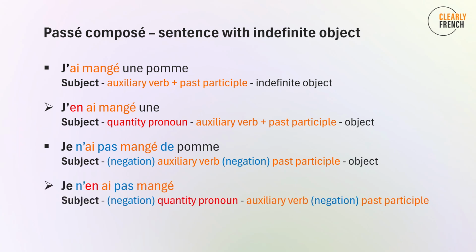Je n'en ai pas mangé. I didn't eat any of them. Again, first part of the negation, quantity pronoun, auxiliary verb, the other part of the negation, and then the past participle. This is probably where students make all the mistakes when they speak in the past tense, every single time.